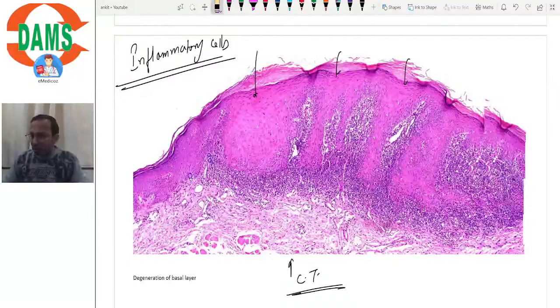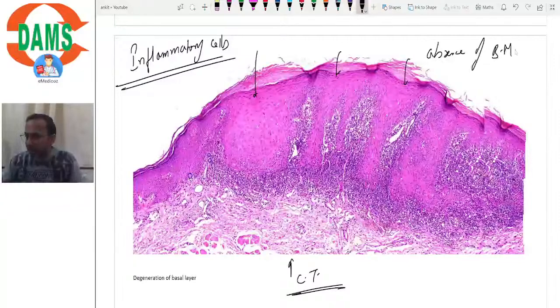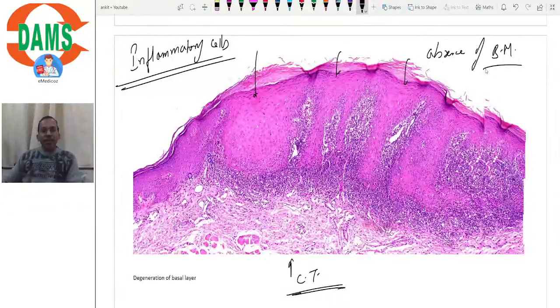It's just that you can see that there is an absence of basement membrane, and the basal layer is getting degenerated. The basal layer is getting degenerated. All these inflammatory cells, they are coming and they are attacking the epithelium. So you can easily differentiate between the inflammatory and the malignant processes, isn't it?